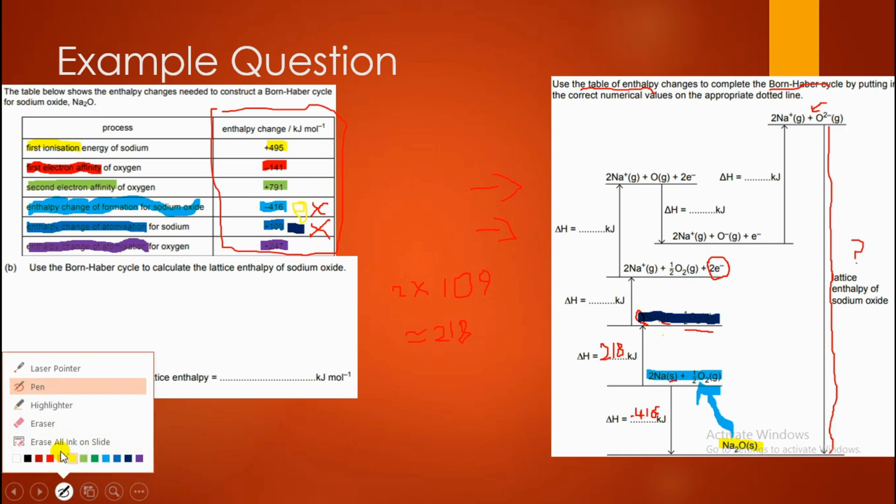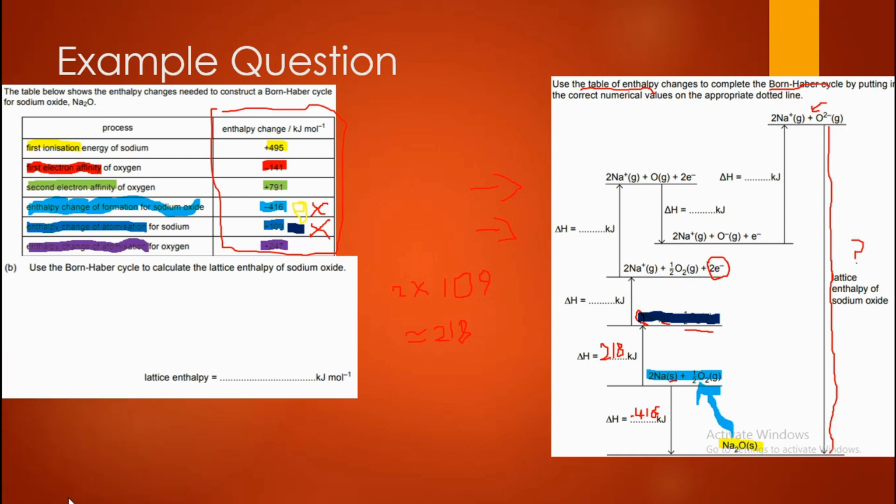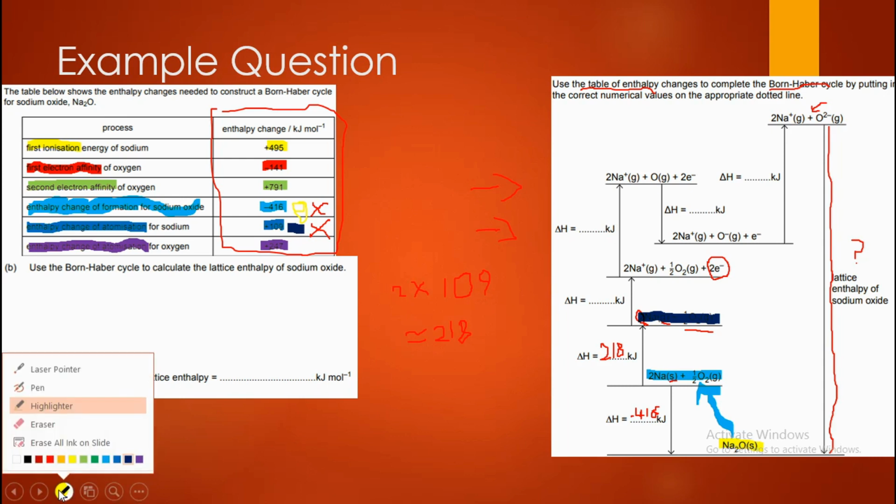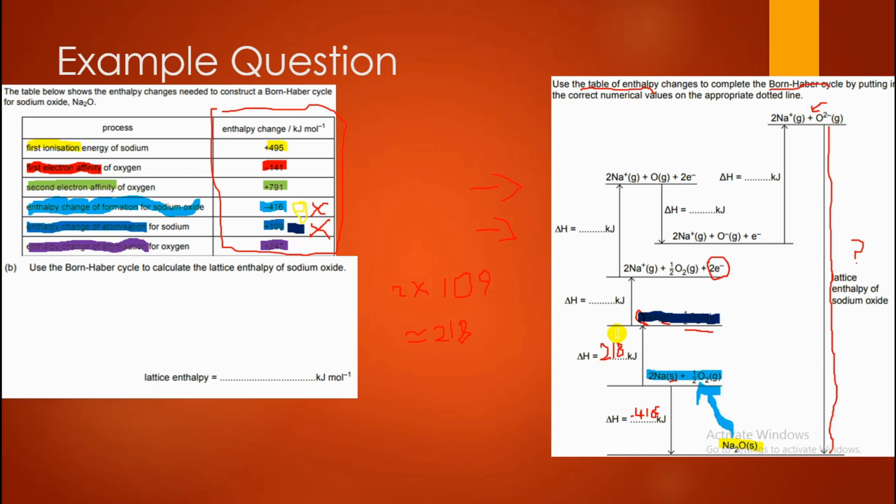So if we link it back to ionization, we should know that the definition of ionization is that 1 mole of a gas is formed from its ions. So if that's the case, we know that this value here must link to this. Now we know that the value here we have to get is 495.